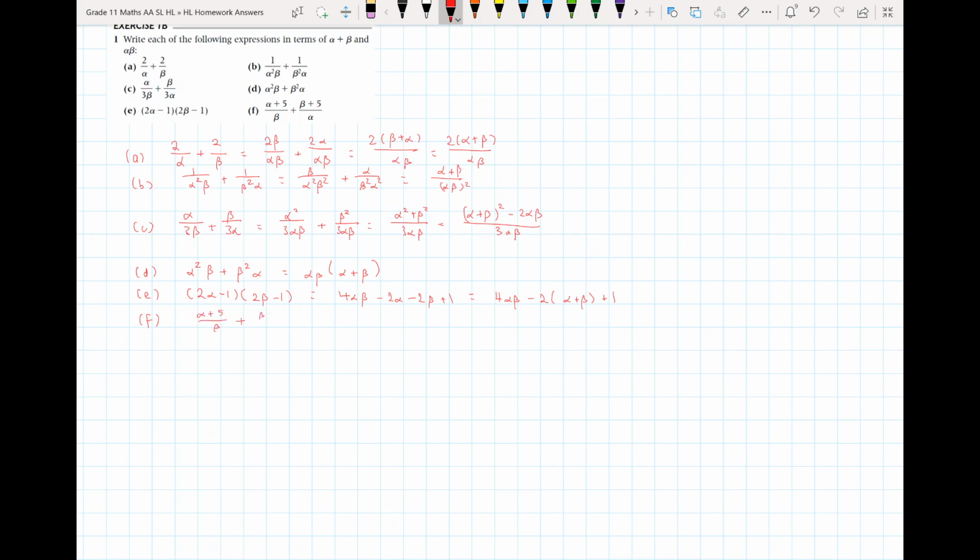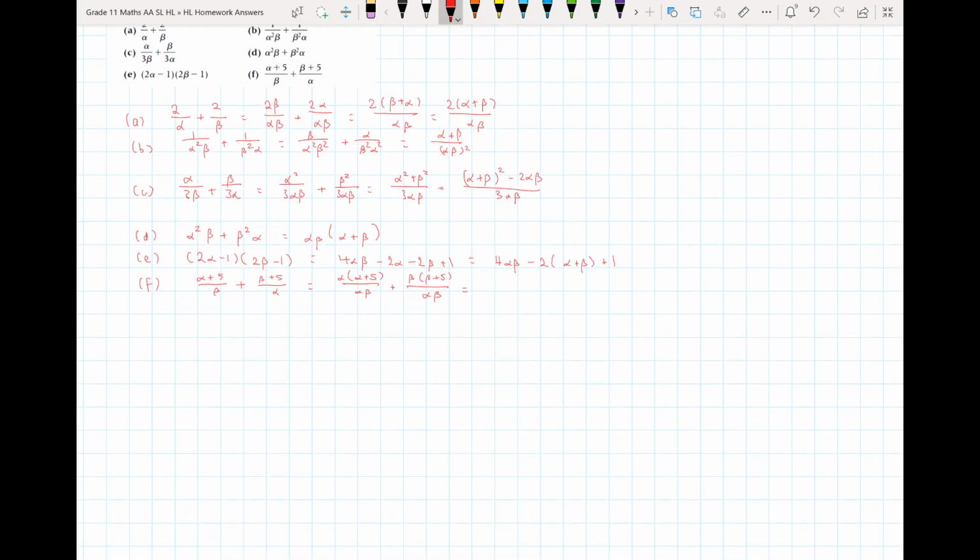And lastly, for F, so I'm going to expand the numerators and then collect everything.